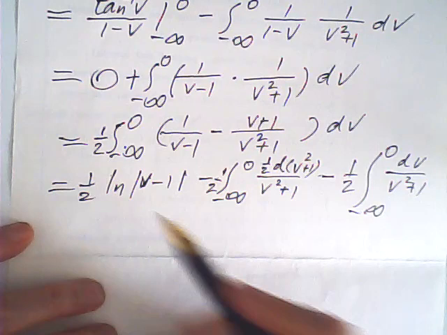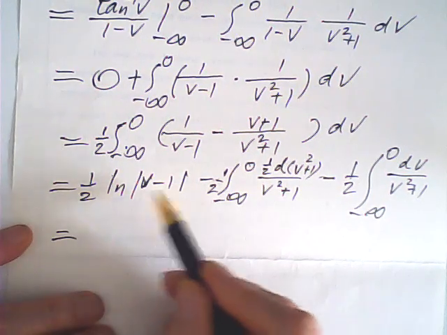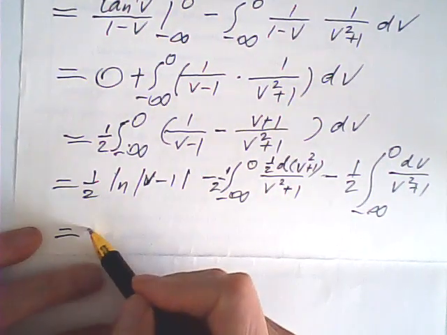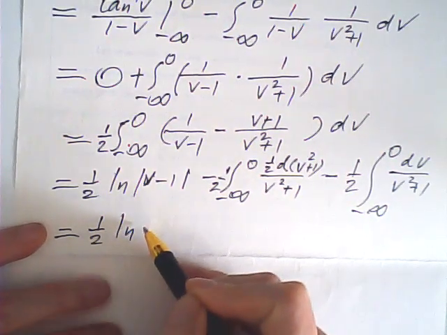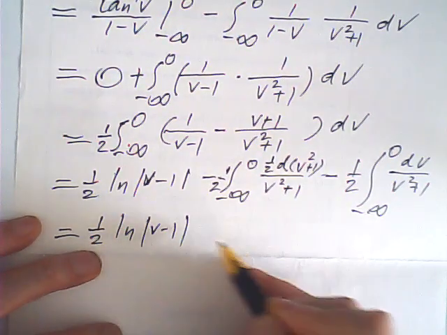Okay, then I put a limit later. Okay, this is 1/2 natural log v minus 1.